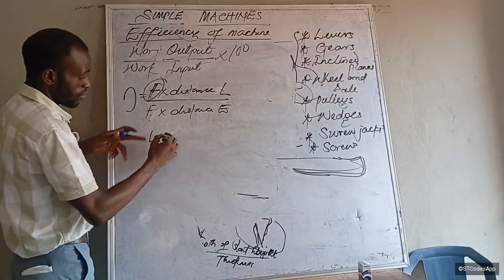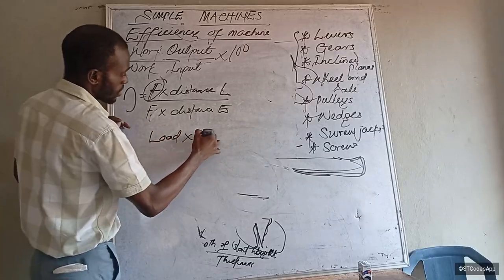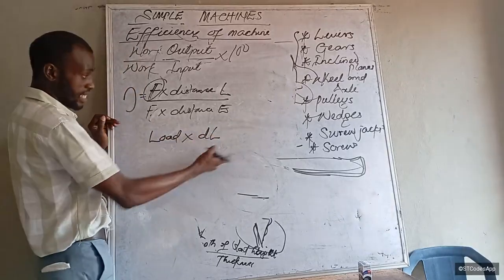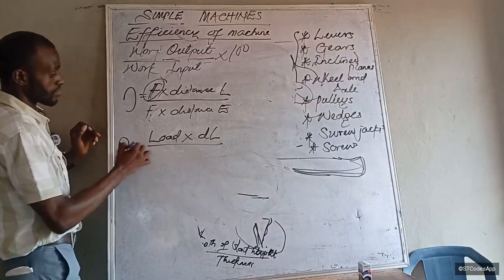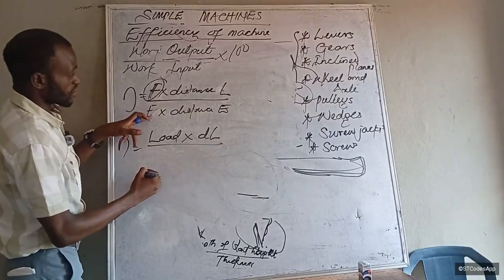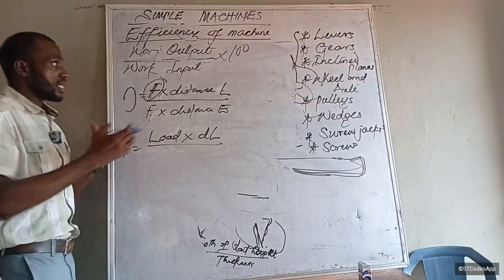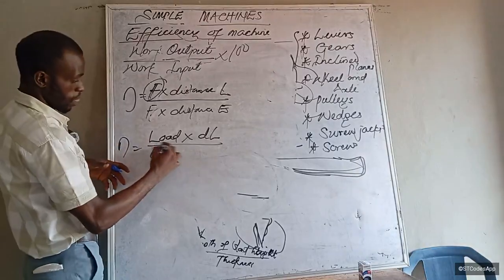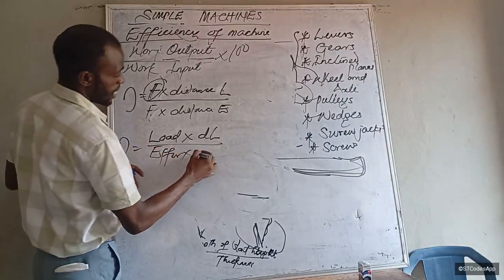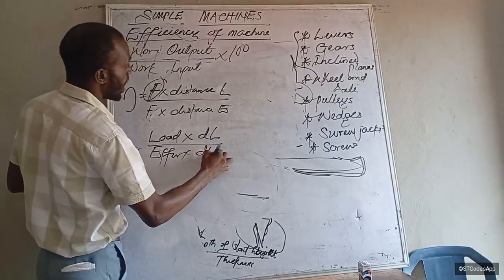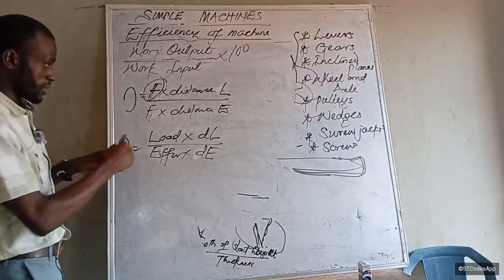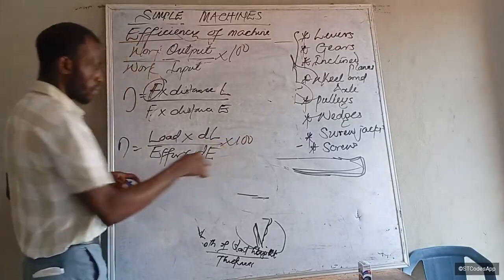So the load times the distance moved by the load, over the input force, which we call effort, times the distance moved by the effort. Is it clear? Now times 100 over 1, like we said.